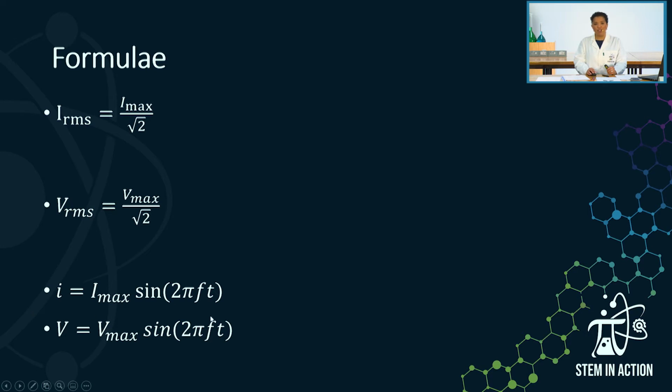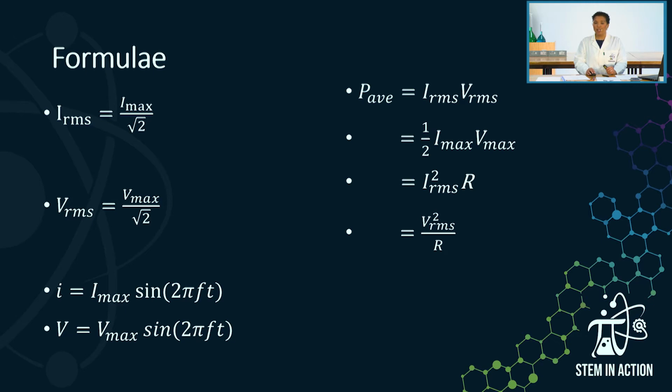They are basically just the formulae for those sine graphs. So it's an expression for current, an expression for voltage. They are not on your data sheet, but what is on your data sheet are all the formulae for power, calculating average power in terms of IRMS and VRMS. So all these equations over here can be found on your data sheet.